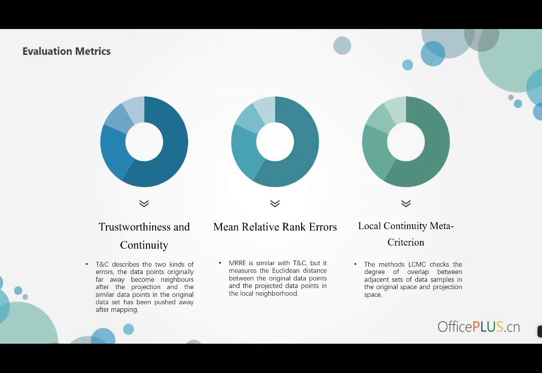MRRE is similar to T&C, but it measures the Euclidean distance between the original data points and the projected data points in the local neighborhoods. The LCMC checks the degree of overlap between adjacent sites of data samples in the original space and the projection space. Their mathematical principles have also been introduced in the project.